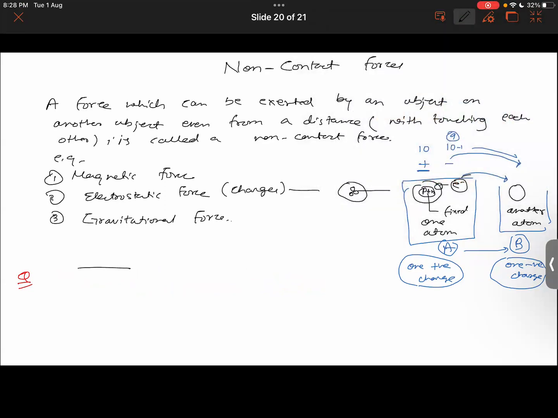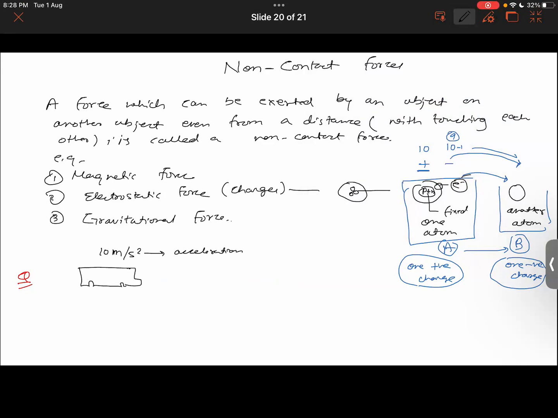Let's say that there is a bus, and the acceleration of that bus is 10 meter per second square.